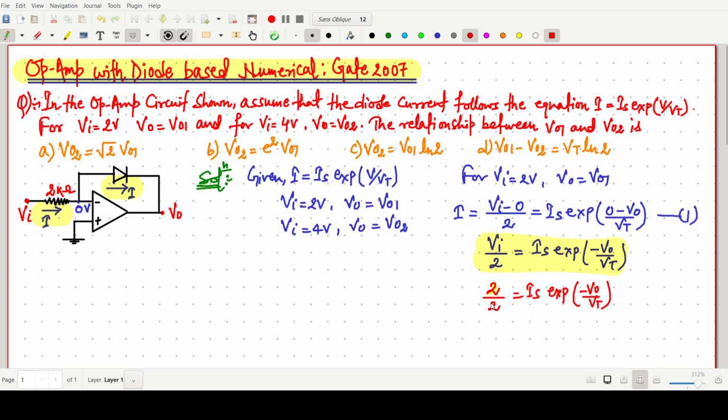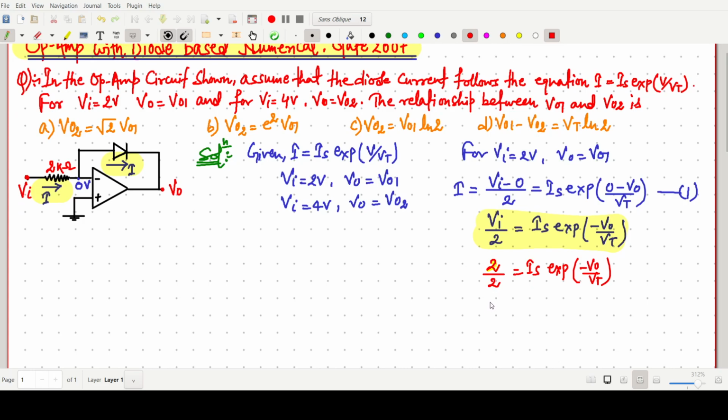So it should be 1, and one can write this as 1 by Is equals exp of minus V01 by Vt, because here we are taking Vi 2 volt and V0 equals V01. This is what we are using.